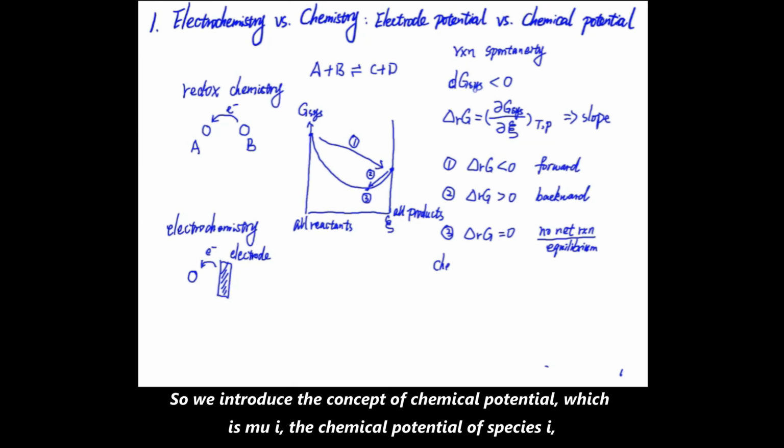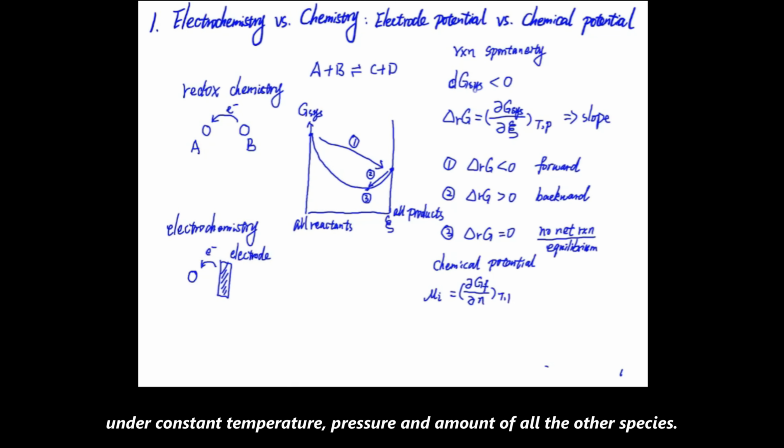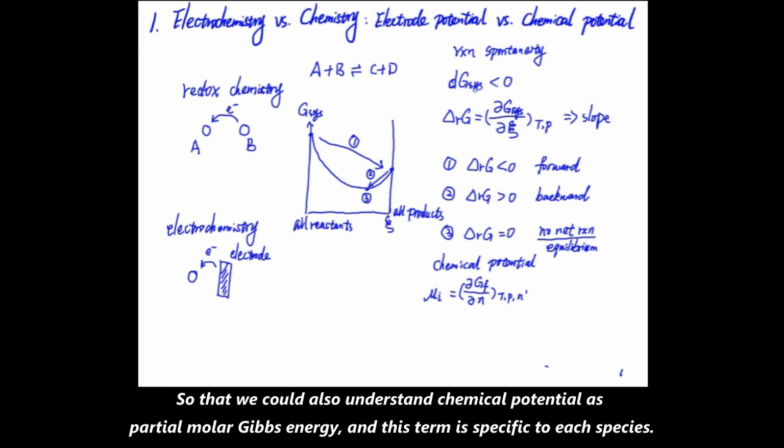So we introduce the concept of chemical potential, mu i, the chemical potential of species i, which equals the change in the Gibbs energy of the system with respect to its amount at constant temperature and pressure and the amount of all the other species. So we can also understand the chemical potential as partial molar Gibbs energy, and this term is specific to each species.